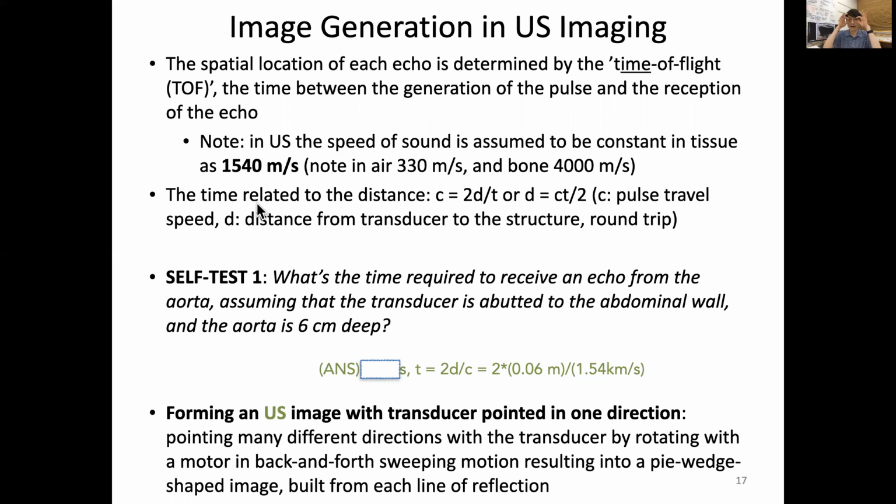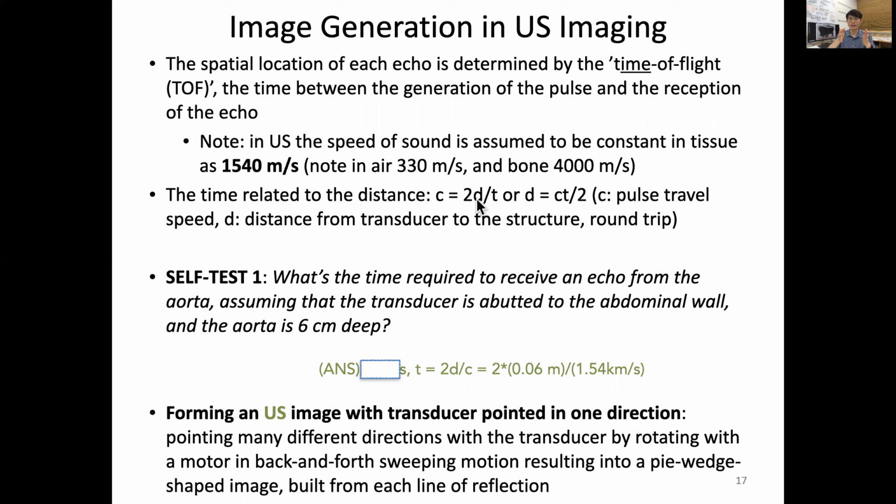Think about this as a round trip from here to here. We send a sound and it goes, hits, and comes back. So the distance is D, and the time of this round trip travel is T. Then we can know the speed: it is the total distance traveled divided by time.